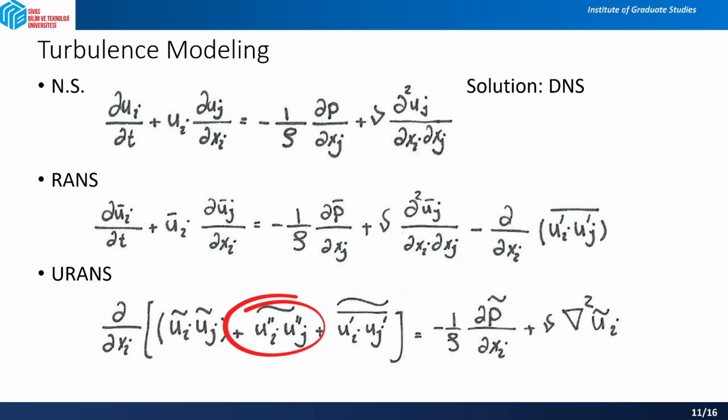Just as in the case of RANS, we call these Reynolds stresses. In turbomachinery, you have double primes multiplied. We call them deterministic stresses.